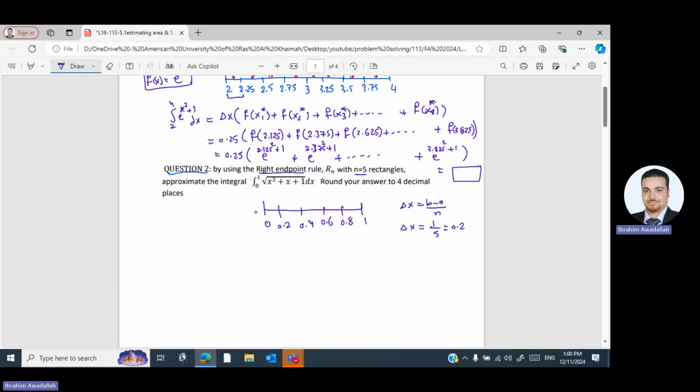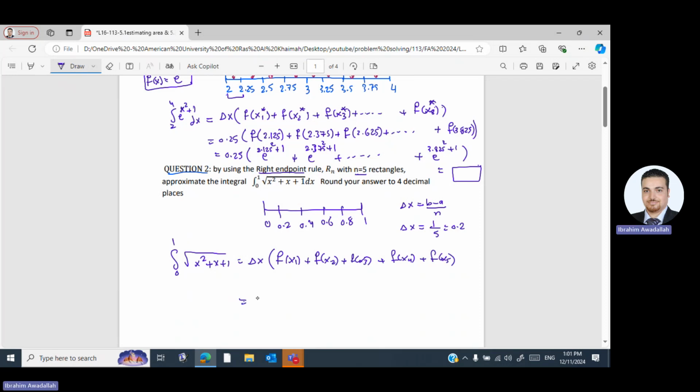So the area, or this integration from 0 to 1 of the square root of x squared plus x plus 1, equals delta x times f of x naught plus... on the right they said the right, f of x1, sorry. With left we start with f of x naught, x1, f of x2, f of x3, f of x4, f of x5.